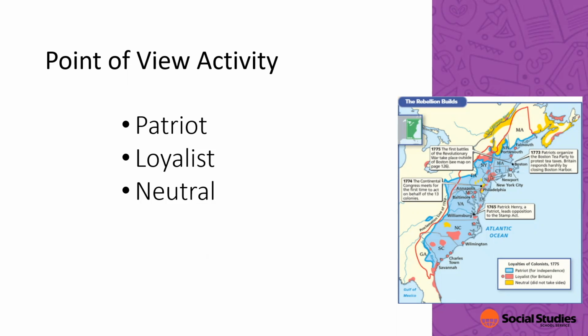Okay, is there anyone that thought any of those would actually be representations or statements of loyalists? And if not, what would be some statements that you think would be specific to the loyalists?